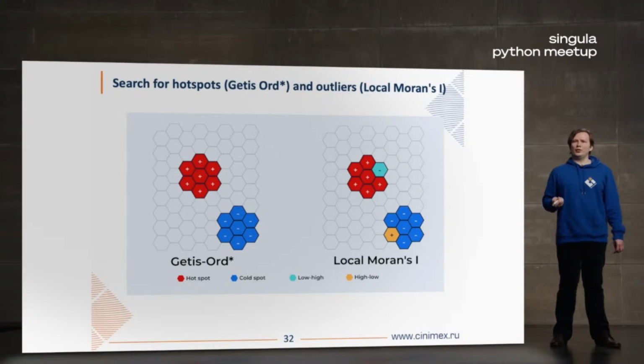In many cases, you would use Getis-Ord Gi*, just because it is pretty convenient to calculate, and it takes less resources in order to make such features. And Local Moran's I is commonly used for more in-depth analysis.